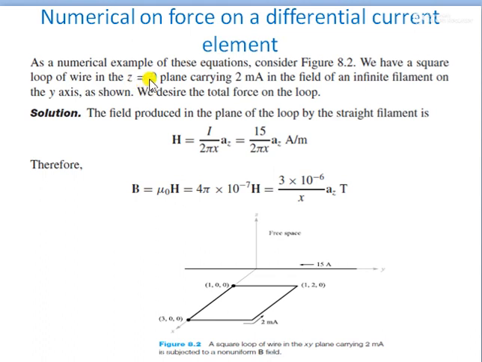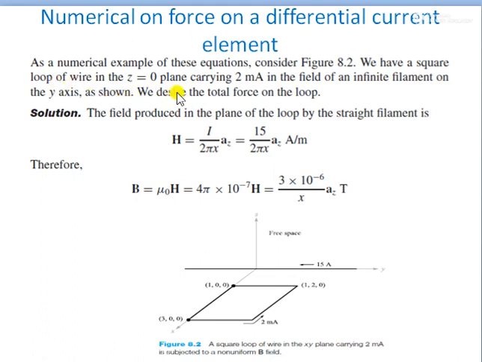As the numerical example of this equation, consider figure 8.2, this one. We have a square loop of wire in the z is equal to 0 plane carrying 2 milliamperes in a field of an infinite filament on the y-axis, as shown.